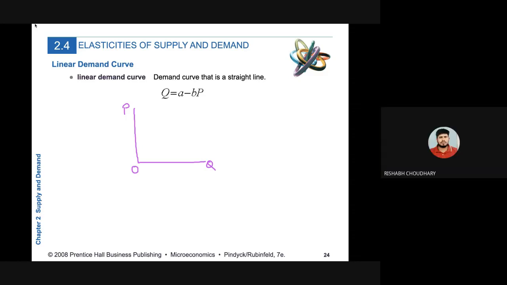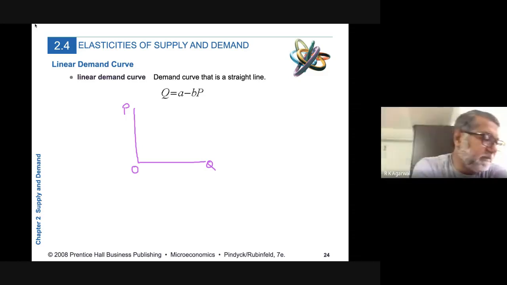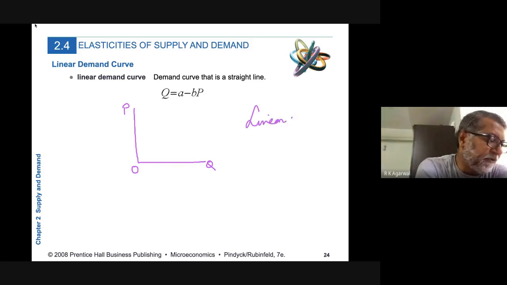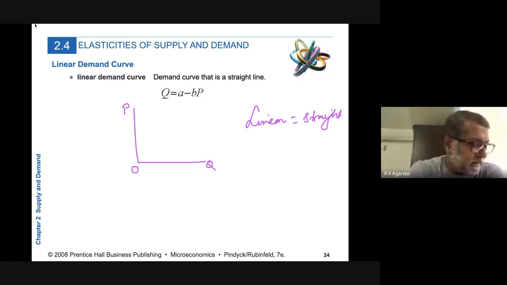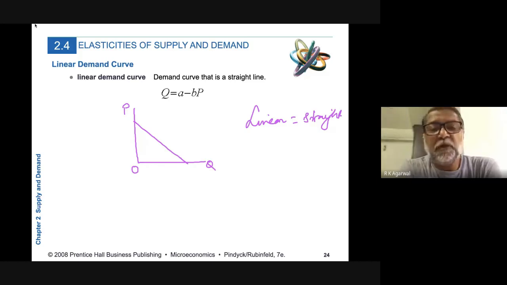A straight line. Linear means straight. Since the demand curve slopes downwards, let us draw a demand curve like this, a straight line which slopes downwards.